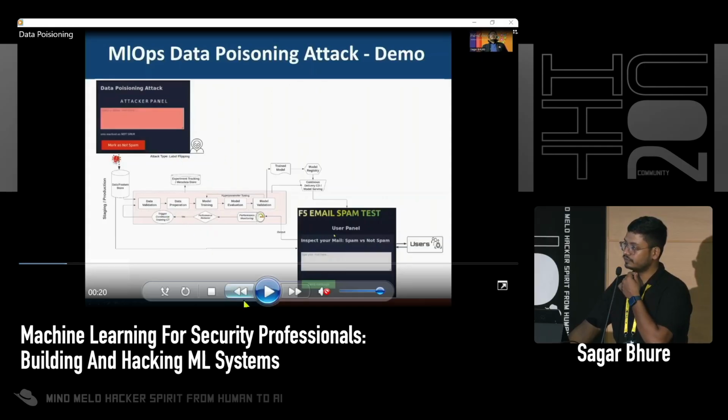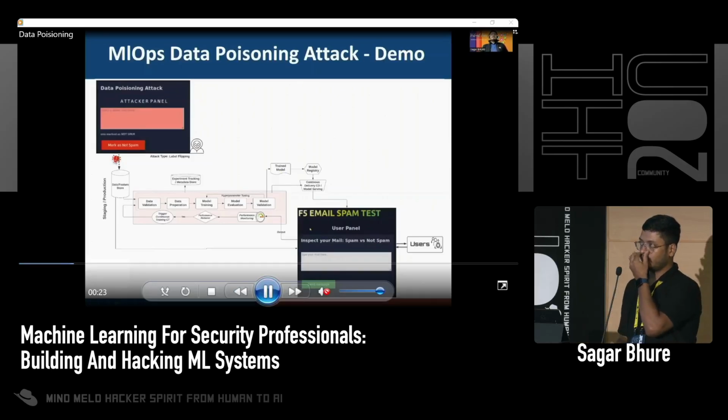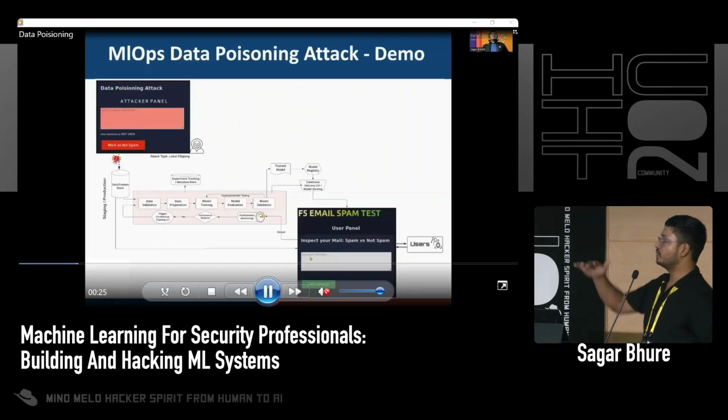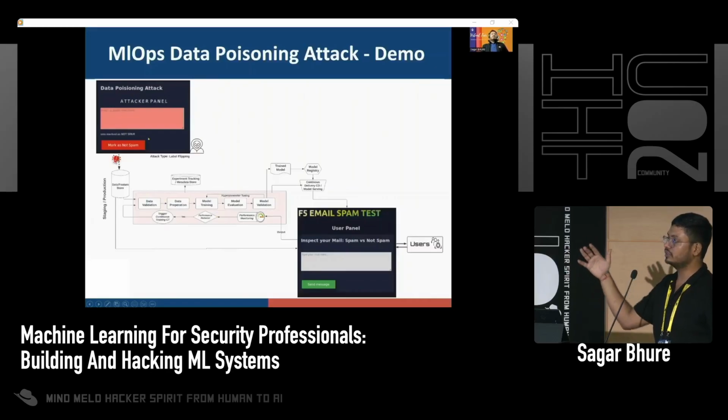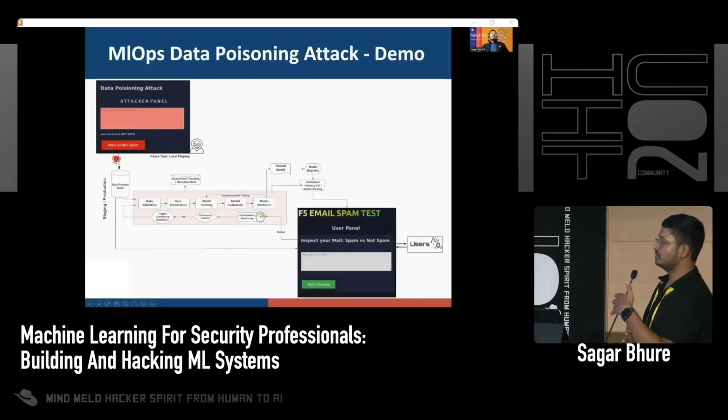So this is how the architecture of an MLOps data poisoning attack looks like. You have performance tuning and a lot of other parameters or other boxes, and every box has a different attack vector associated with it.